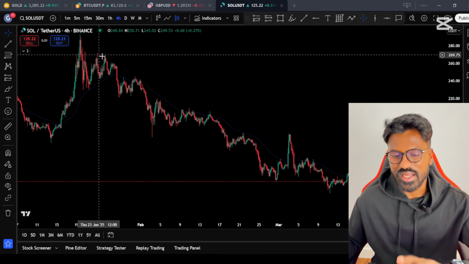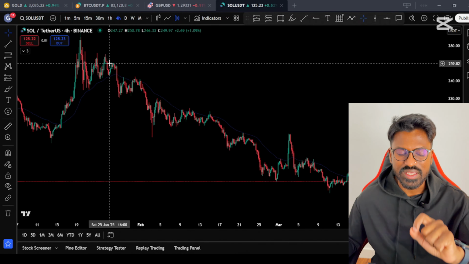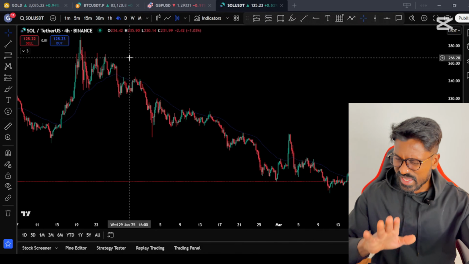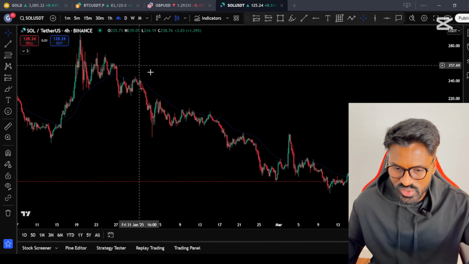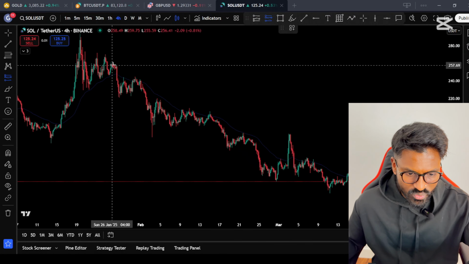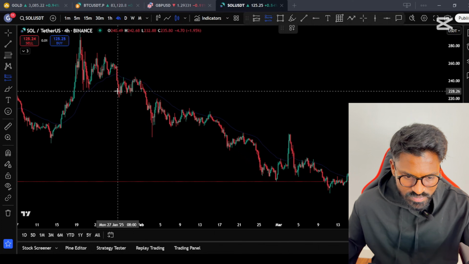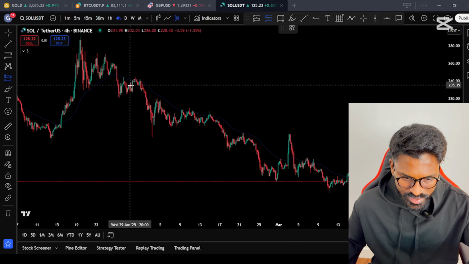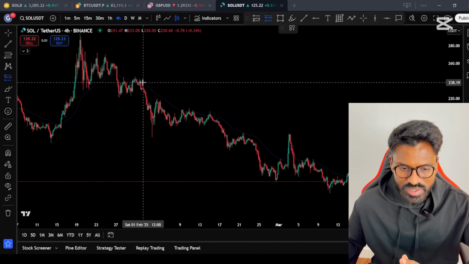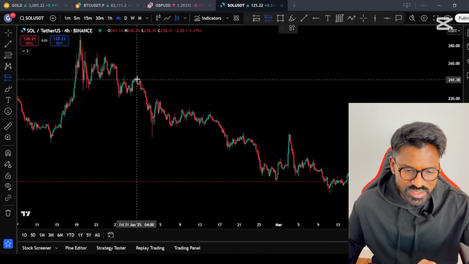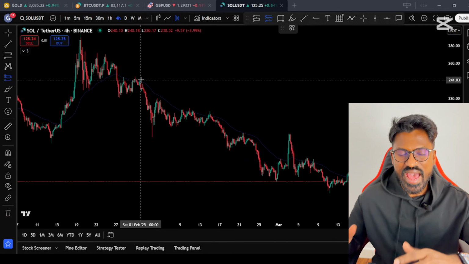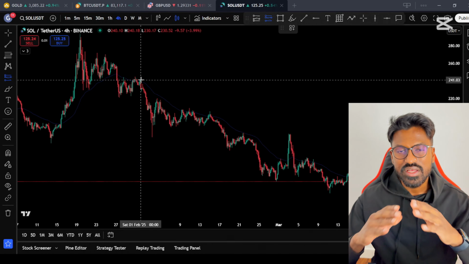So if you realize, just trading based on EMA 50 is a little bit risky but achievable. Let me show you guys what I mean. When we see price break below the EMA 50 line, this blue line is basically my EMA 50. Whenever price comes back into this blue line, it acts as a form of resistance.